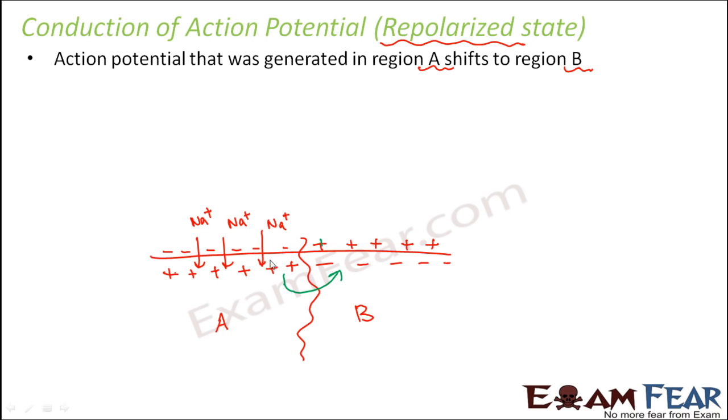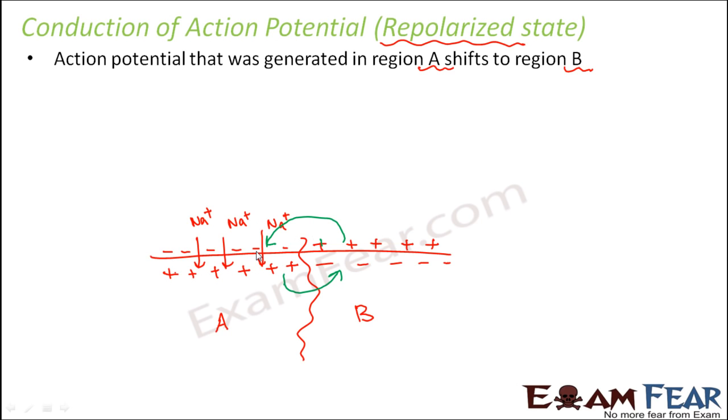This will happen towards the inner surface. On the outer surface, it will just be the opposite: current will flow from region B to region A. And this is how the circuit gets completed. Inner side A to B, outer side B to A.